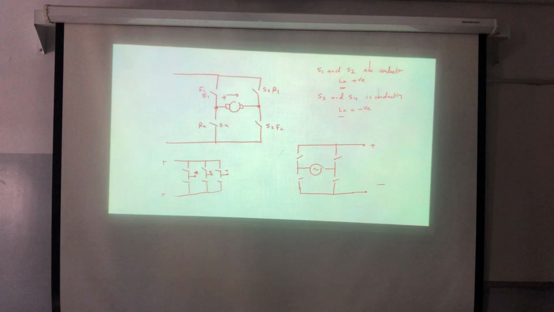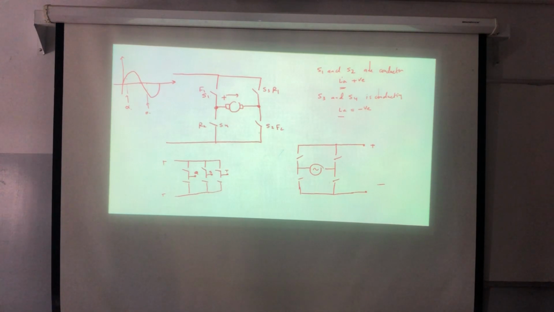Now if I'm having a waveform here, and let's assume that I'm firing at less than 90. So this is alpha here, and it will be somewhere here. Now, this will be the plus.